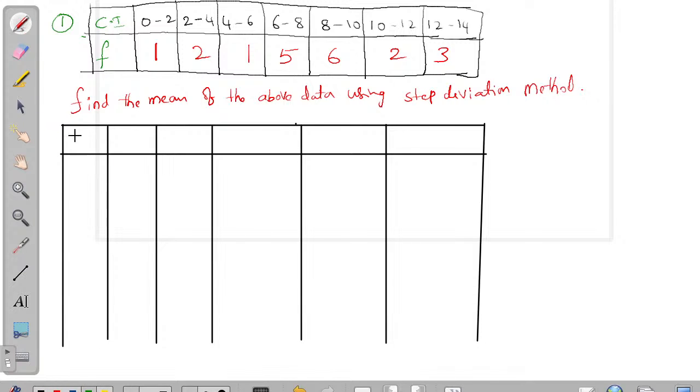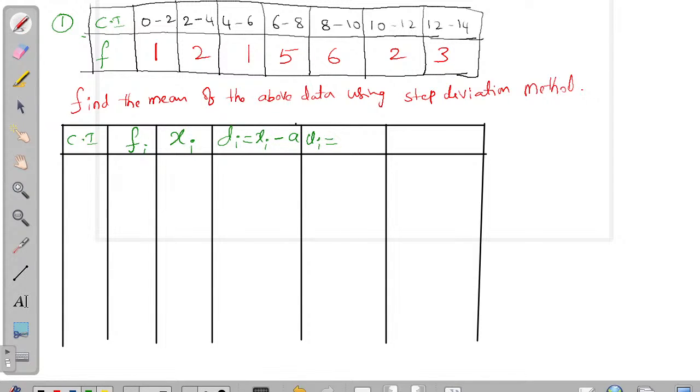First one is class intervals. Second one frequencies, or we can call it fi. After that mid values. After that di, deviation. How can we find deviation? Xi minus a. Next after that ui.